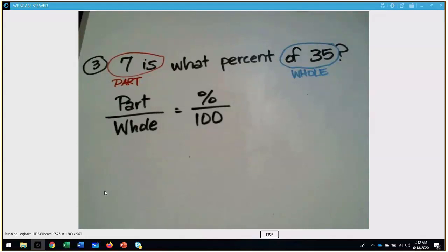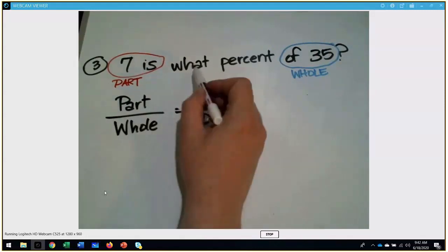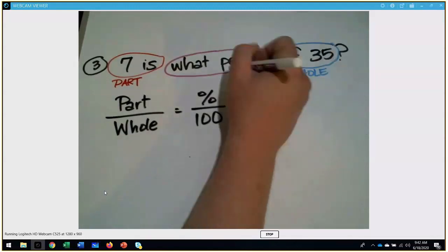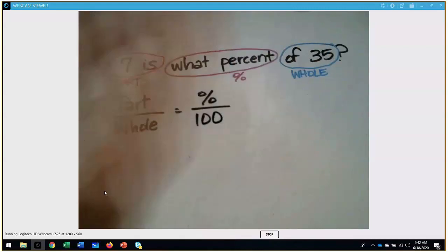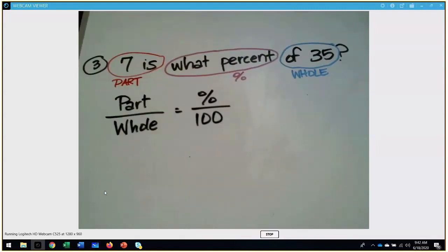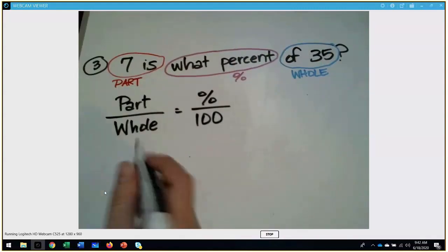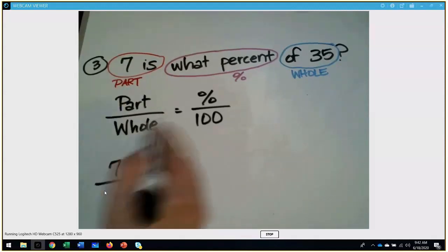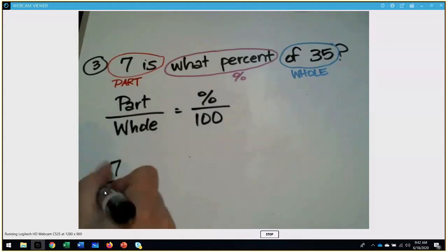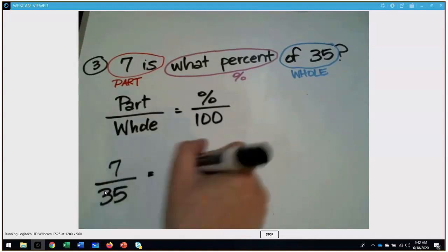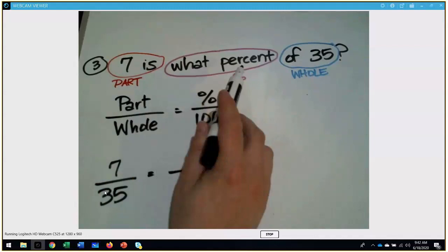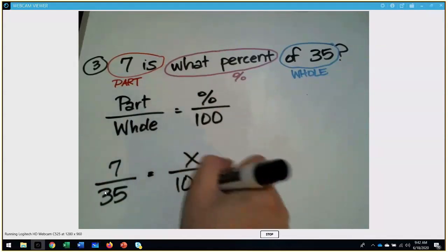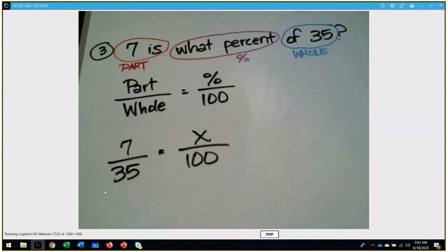And if you notice, the what is asking for the percent. So the percent is what's missing this time, and that's going to be the x. All right, so let's put them in their spots. So 7 is first over the 35 equals, the percent is missing, that's what they're asking for, over 100. So here it is plugged in.